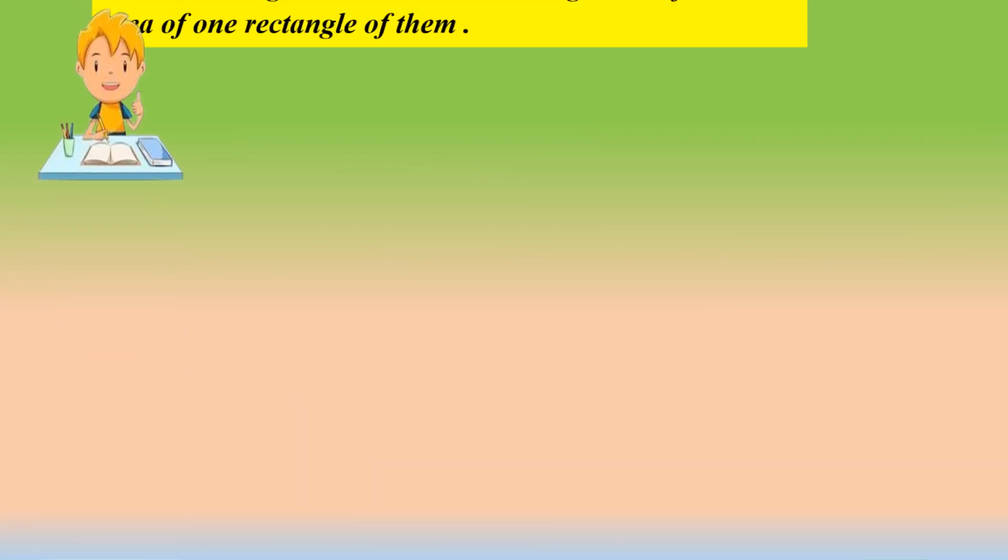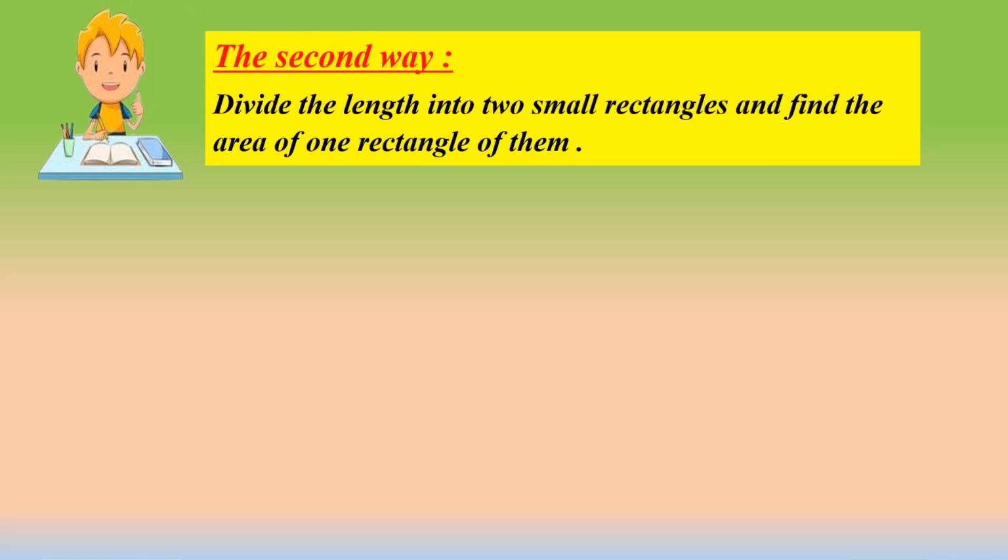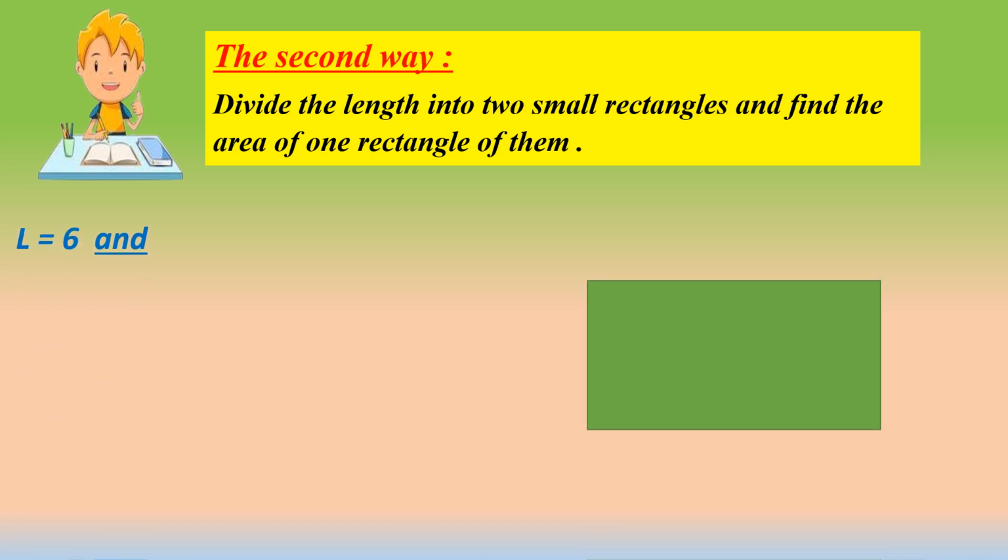The second way, divide the length into 2 small rectangles and find the area of one of them. I draw the garden now. The length equals 6 and the width equals 4. I will divide the length into 2 equal parts.